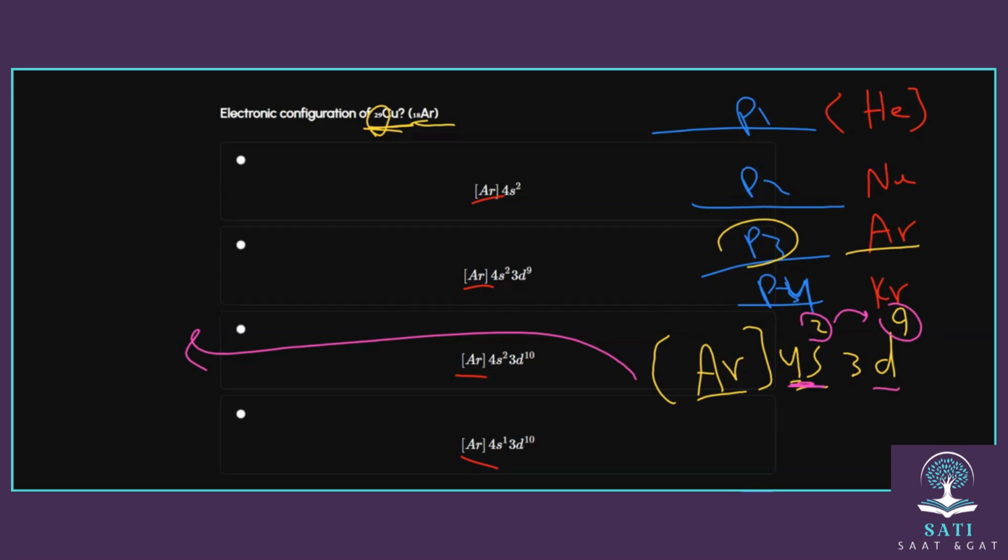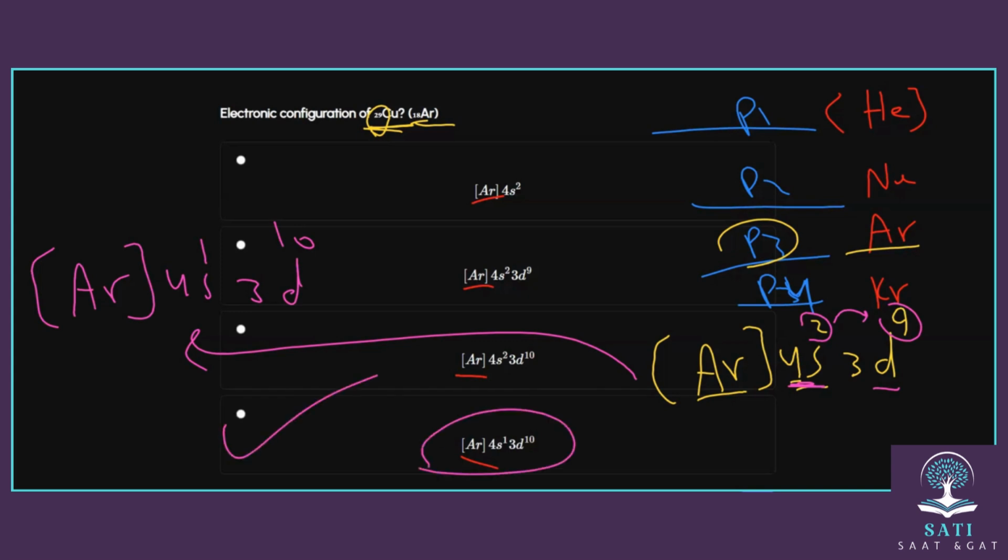In this case, the element will become stable. So the new electronic configuration will be argon 18, 4s with 1 electron and 3d with 10 electrons. So you choose argon 4s1 3d10, which is D, the right answer.